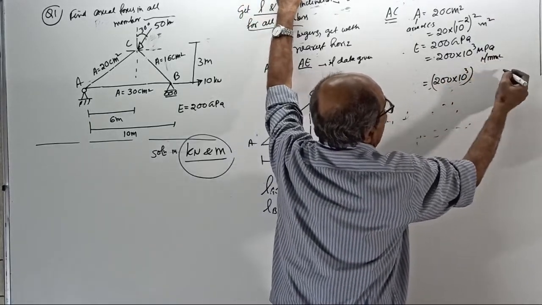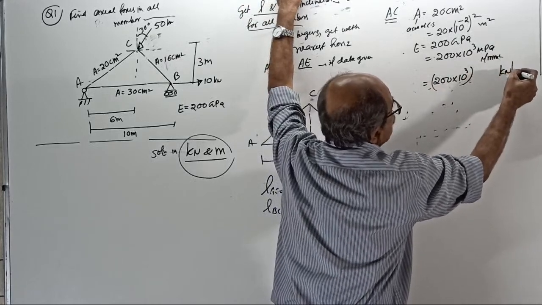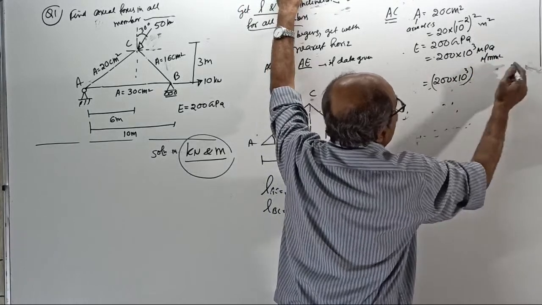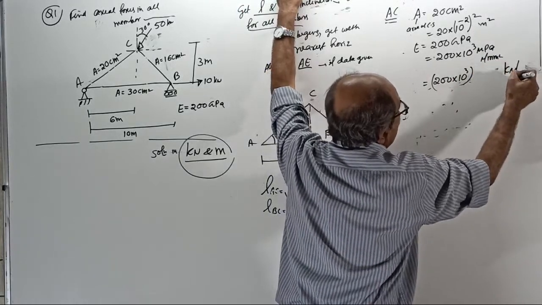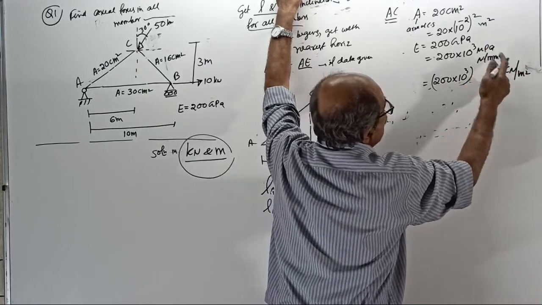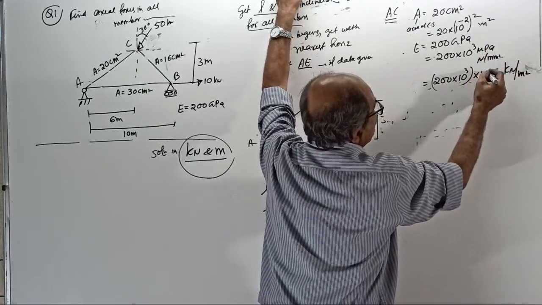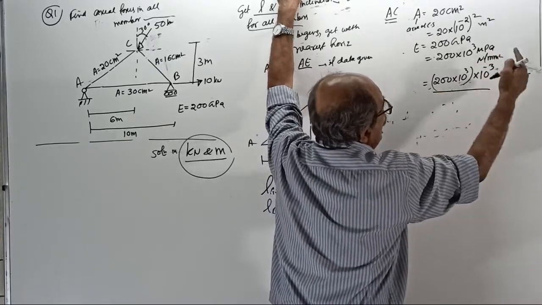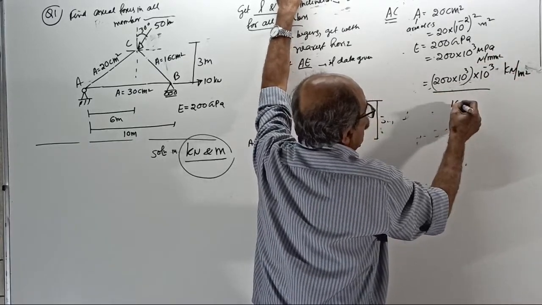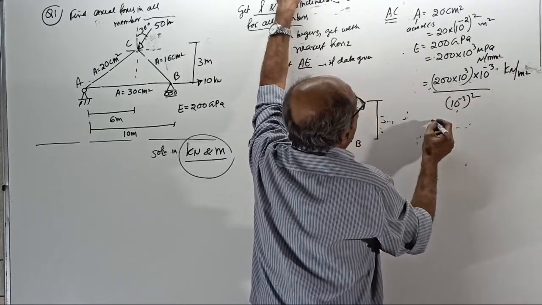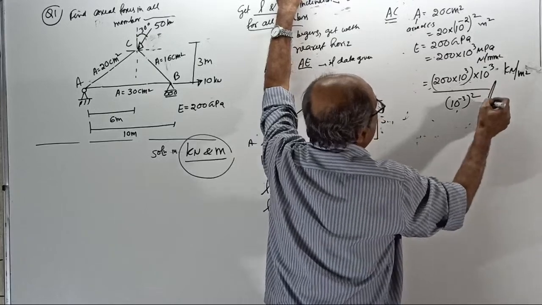Convert to kilonewton per meter square. Numerator, Newton to kilonewton, into 10 to the power minus 3. Divide by mm square to meter square, 10 to the power minus 3 whole square. This is the value of E.